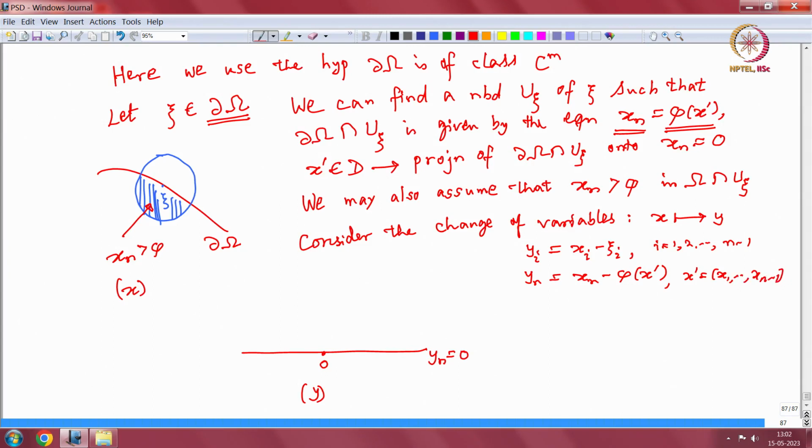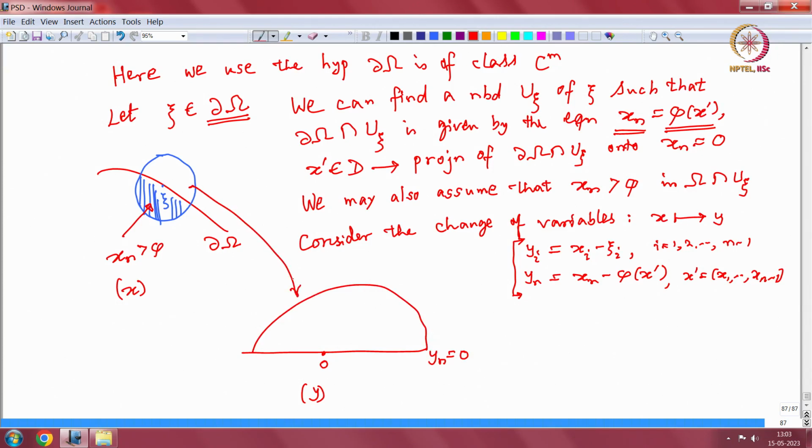So, by the assumption on phi, phi is of class Cm. So, at least C1 is there. So, this is a smooth change of coordinates, and inversion is also easy to write. Okay. And this shaded region goes into something like here. So, let me just write that it comes here. Okay.